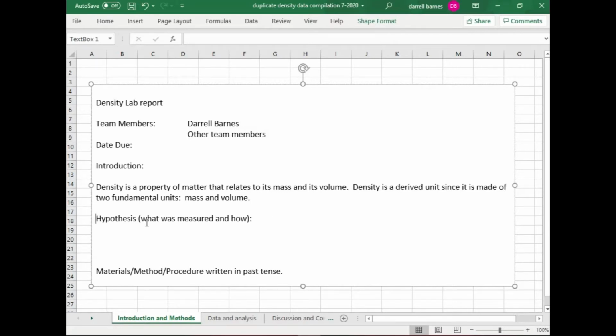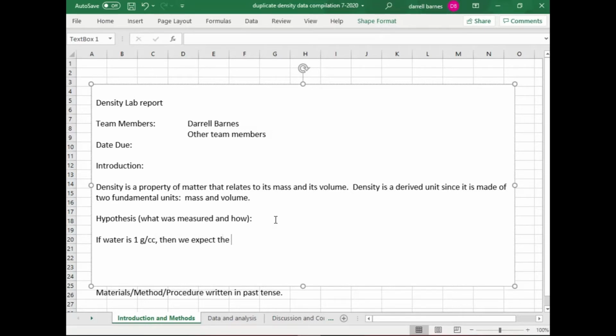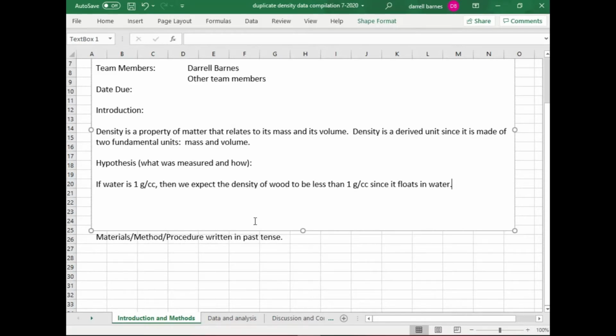Our hypothesis was that if water is 1 gram per cc, then we expect the density of wood to be less than 1 gram per cc since it floats in water. That is our hypothesis. Doesn't really tell how we're going to measure it, does it?